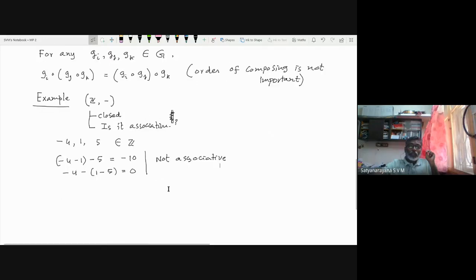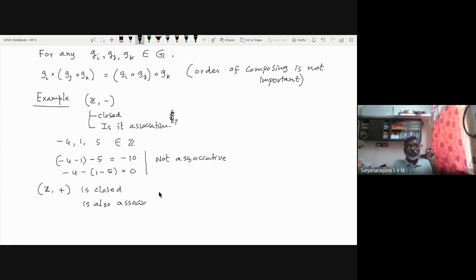On the other hand, if you look at the example of this Z with plus, okay, this is closed. There is no doubt this is closed, and this is also associative.